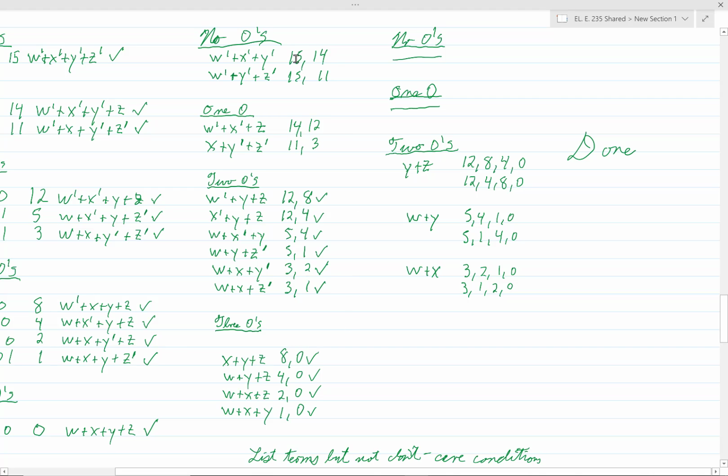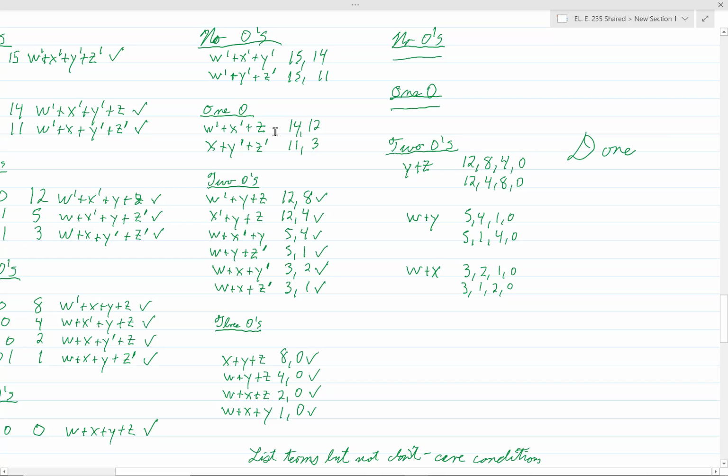So that tells you right away this W prime or X prime or Y prime is going to be one of the prime implicates. Likewise, this next term, W and Y and Z, it can't combine with anything here. So that's also the W prime or Y prime or Z prime is going to be a prime implicate.